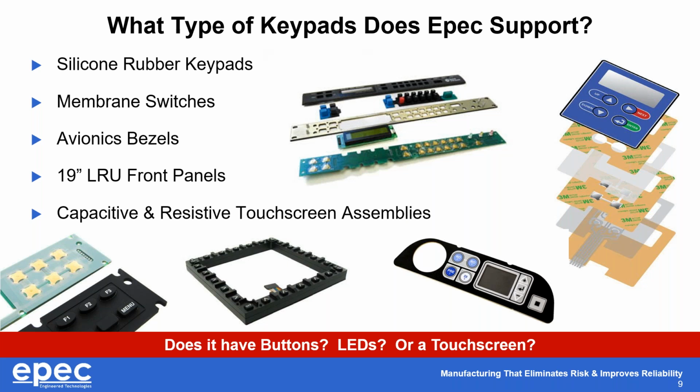The specific products that we can support here at Epic cover a range of HMI and keypad technologies, from compression molded silicone elastomer to membrane switches made of polyester or flexible polyimide circuits, machined avionics bezels, 19-inch LRU front panels, and the full gauntlet of cap touch and resistive touch type touchscreen assemblies.